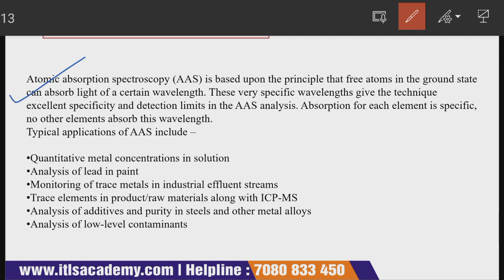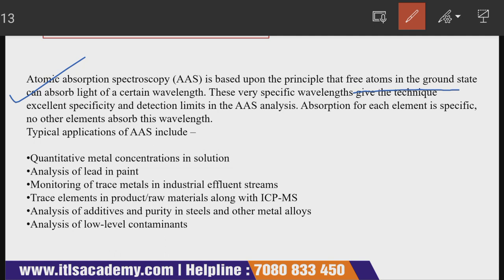So atomic absorption spectroscopy is based on the principle that free atoms in the ground state can absorb light of certain wavelengths. The atoms present in the ground state absorb the light of certain wavelengths. Every specific wavelength gives the technique excellent specificity and detection limit.